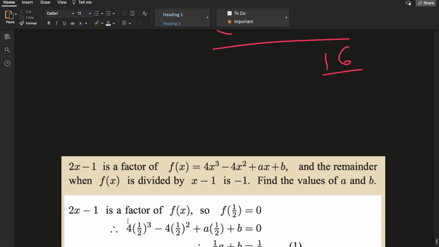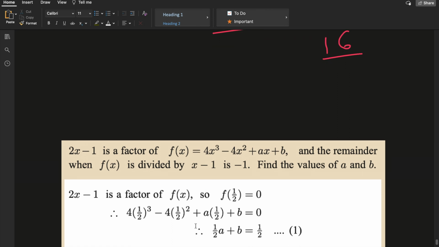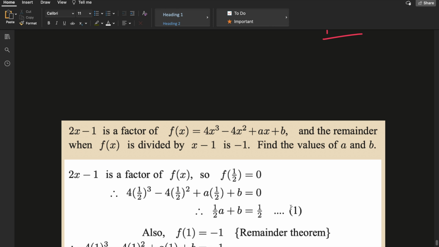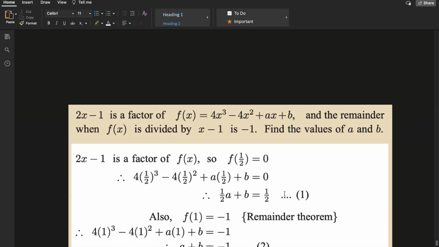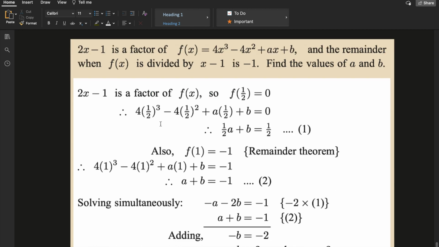And then you substitute the values, and you find a simplified equation in terms of a and b. So that's going to be our first equation. I would have just written b equals 1 by 2 minus 1 by 2a. Next it states that when it's divided by x minus 1, the remainder is minus 1.